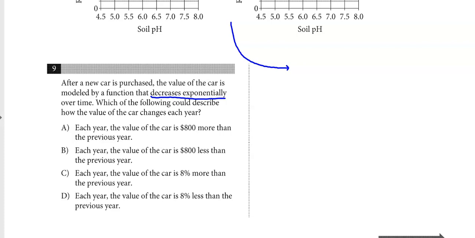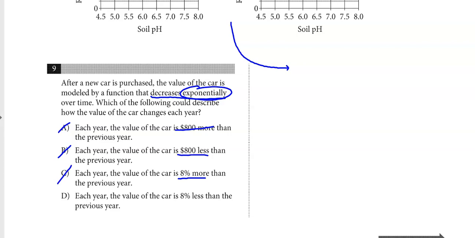So we need to decrease over time. So part A says every year the value of the car is $800 more than the previous year. That's wrong because we want to decrease over time. Each year the value of the car is $800 less. That is decreasing, but it's decreasing by the same amount every single year. That's not what exponential does. That's linear, so it can't be B. 8% more, no, that's increasing.